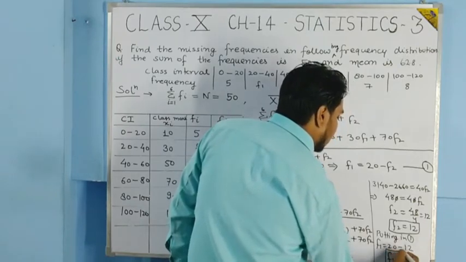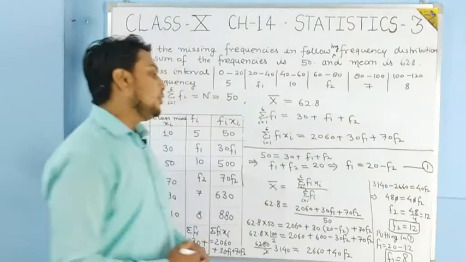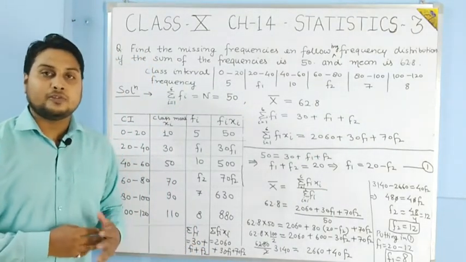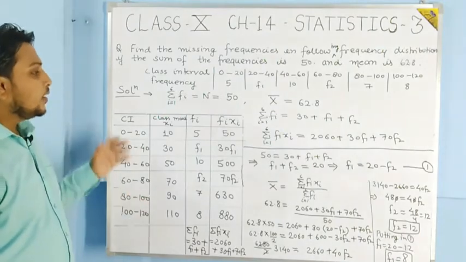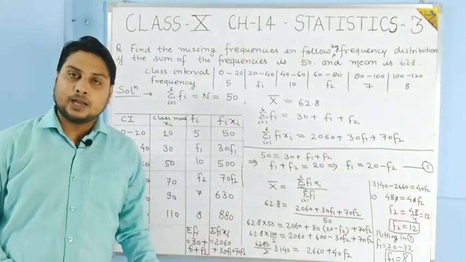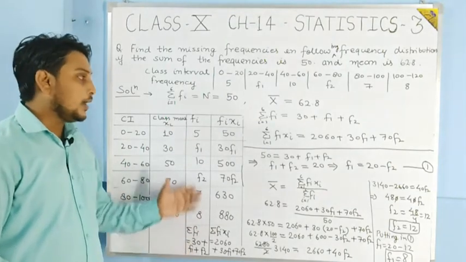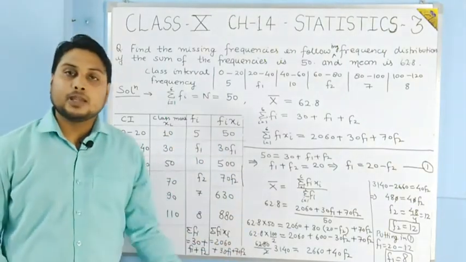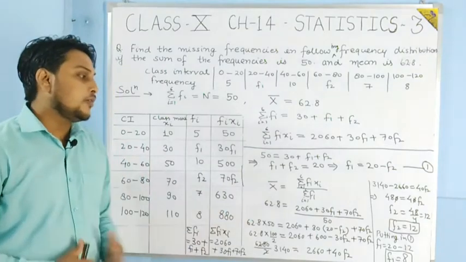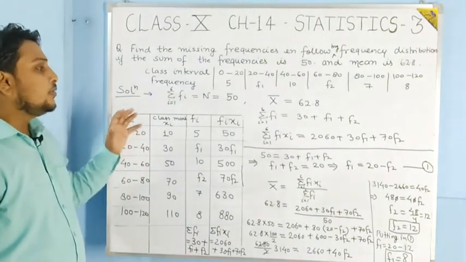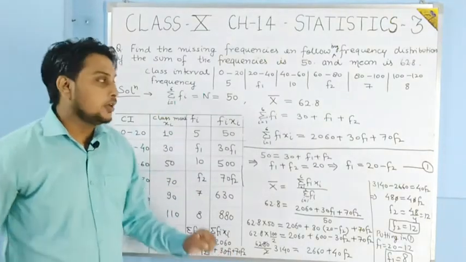So this is how we can find the values of F1 and F2. The direct method we have applied here, and after making the equation and calculation, we have got our values 8 and 12.